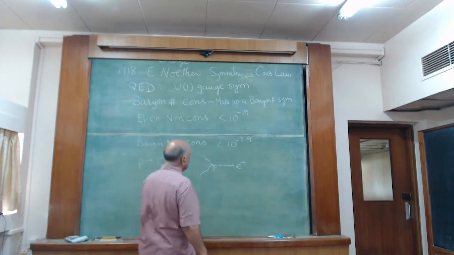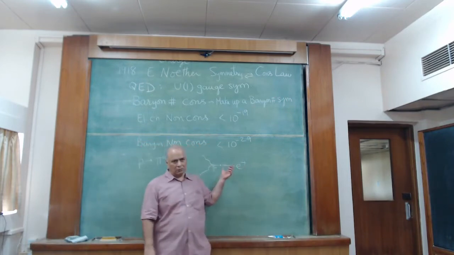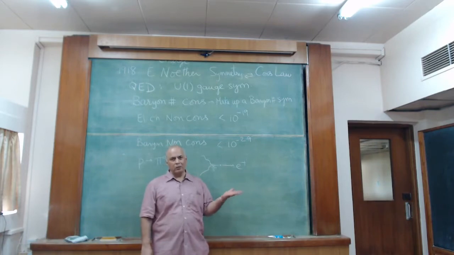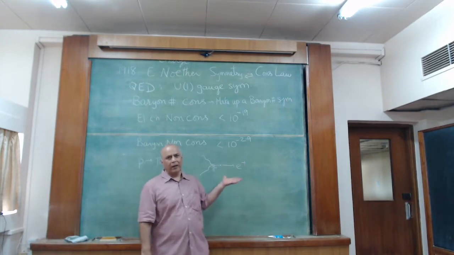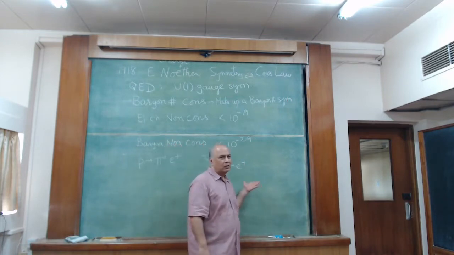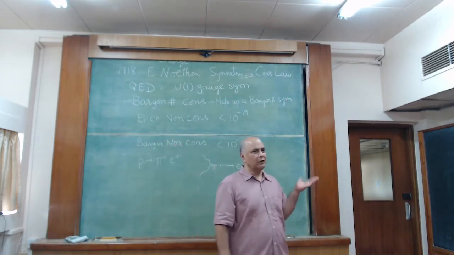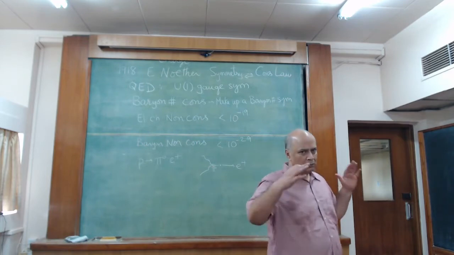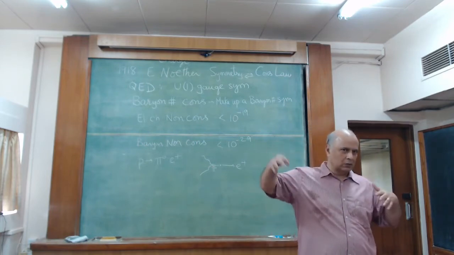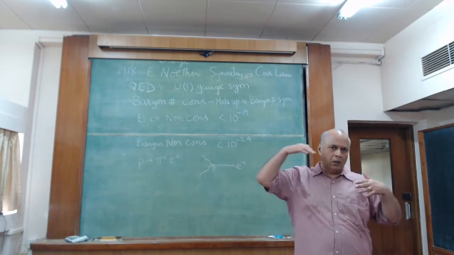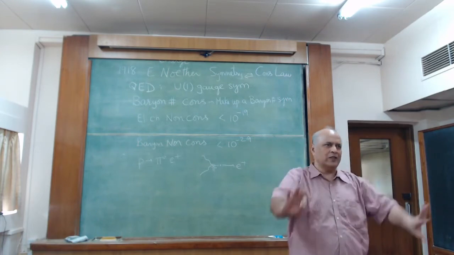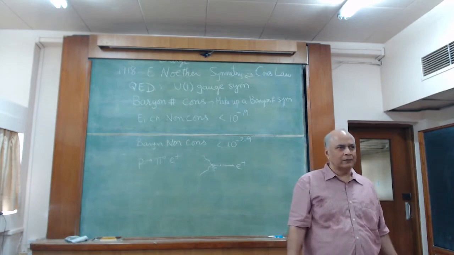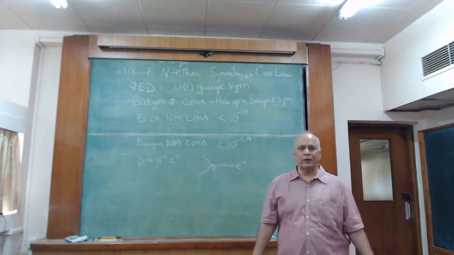And mind you, if you read any book on particle detection, you will learn that detecting a high energy electron or positron is something quite difficult, because it undergoes bremsstrahlung, it produces an electromagnetic shower. So you have to catch that electromagnetic shower.